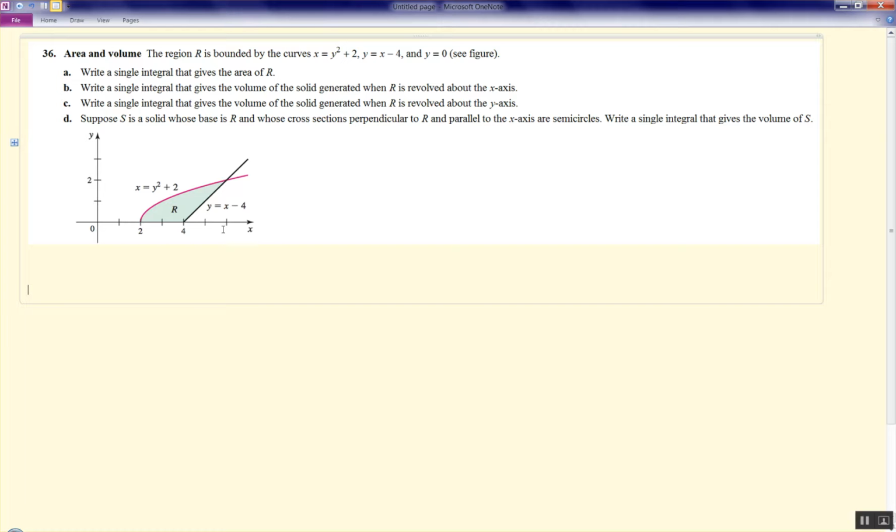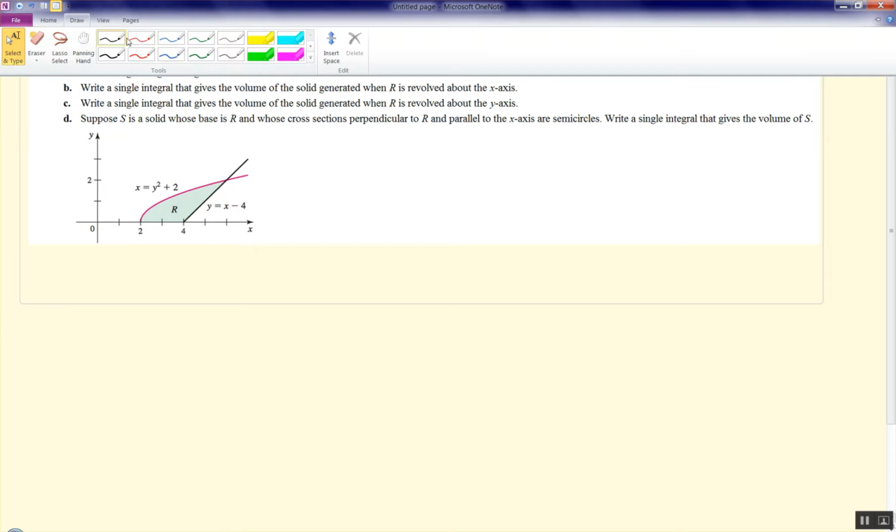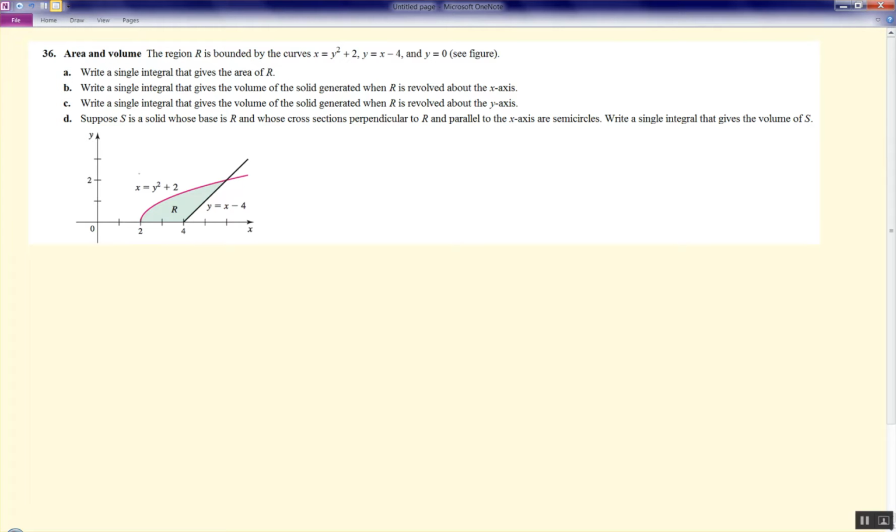Before we set up the integral, we need the intersection. Let's solve for the coordinates of the intersection. Now from these two equations, we can see that a substitution is probably easier for solving the intersection. So we can quickly plug this x into the second equation right here. Okay, let's do that.